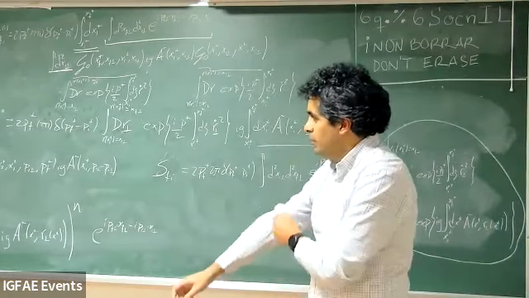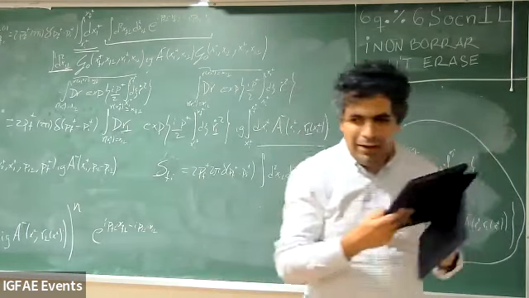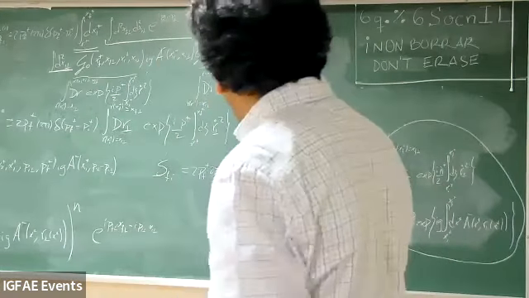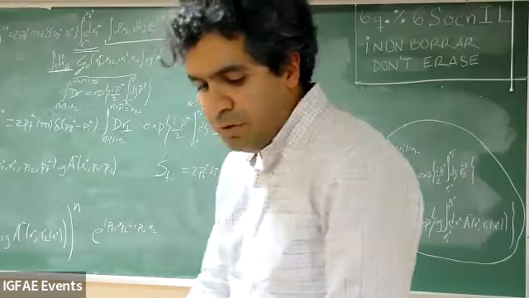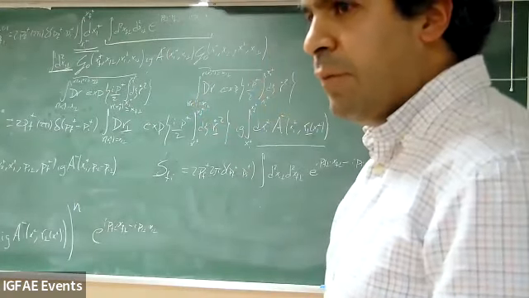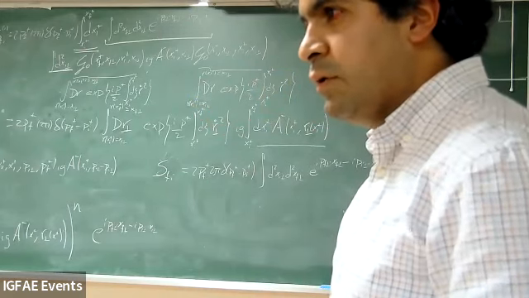I was hoping to do much more today. Having that propagator in that compact form is nice to have as a formal expression, but it's true that there's very little we can do with the path integrals.